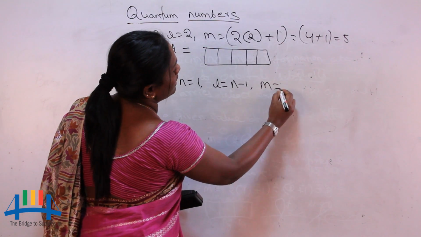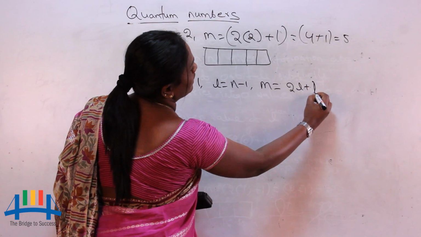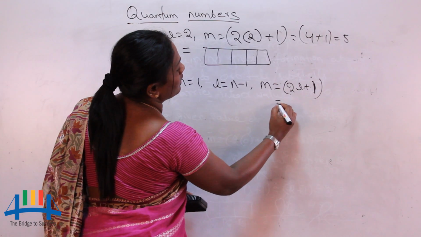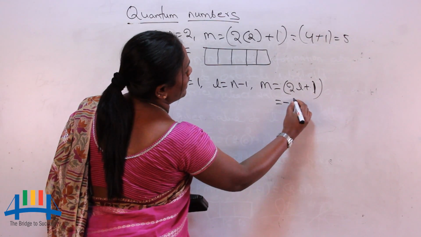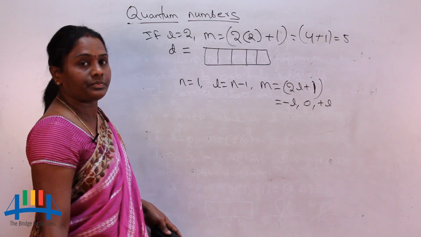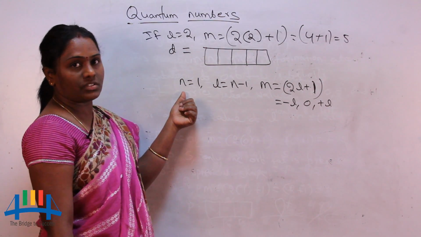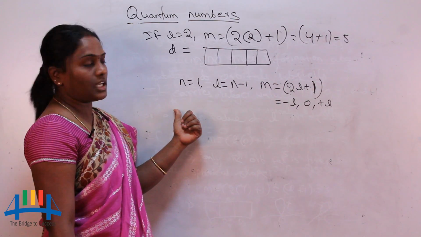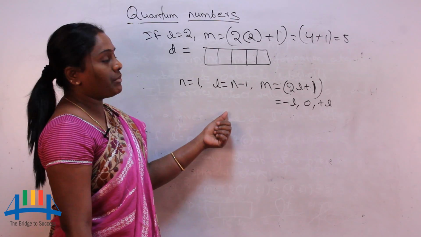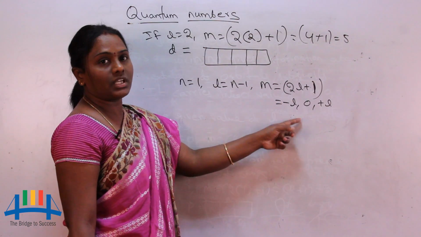The third quantum number is 2L plus 1, the magnetic quantum number, which can carry values from minus L, 0, to plus L. The principal quantum number gives information about the size and energy of the shell, L gives information about the shape and name of the subshells, and M gives information about the orientation of these subshells.